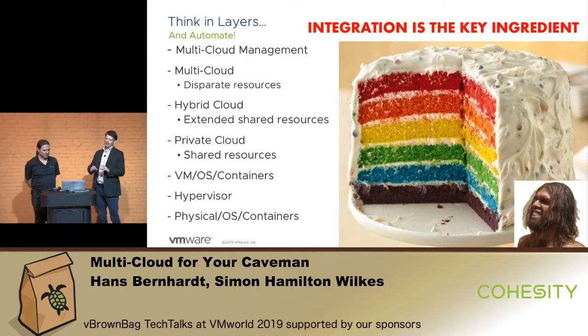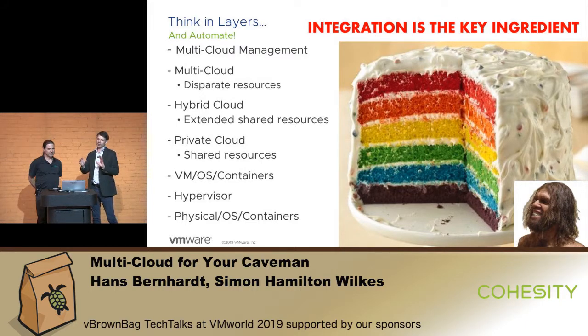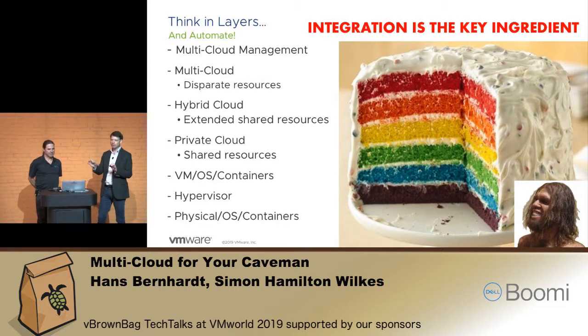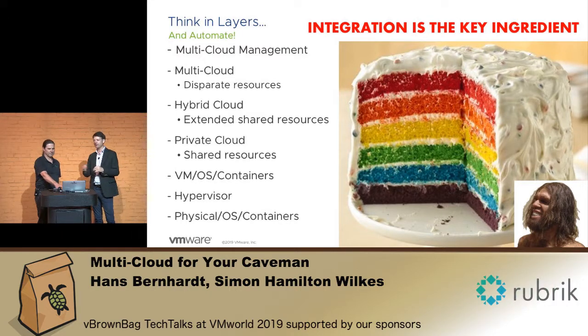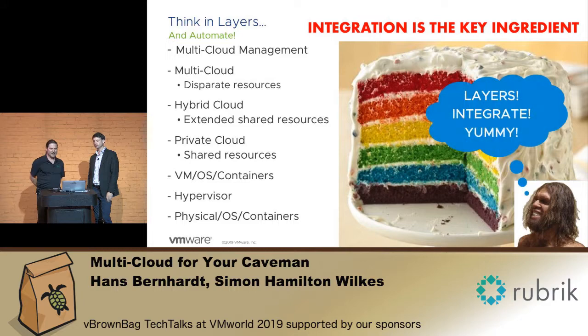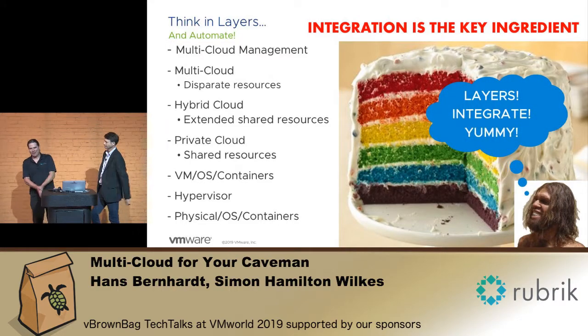So having this abstraction layer, integrating all these different component parts to enable that workload mobility without having this huge short list of manual steps that you have to go through. Because it's no good being able to accomplish this if the way to accomplish it is a 30-step process for every VM migration. And Caveman says, layers, integrate, yummy.